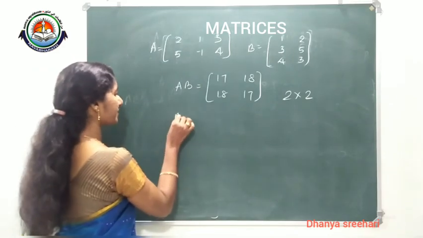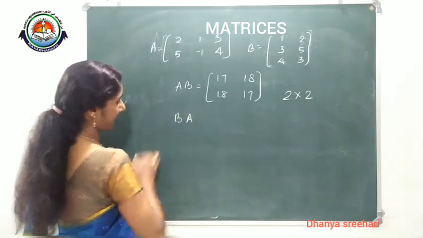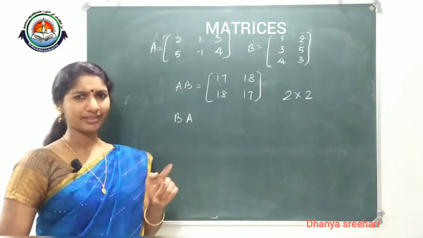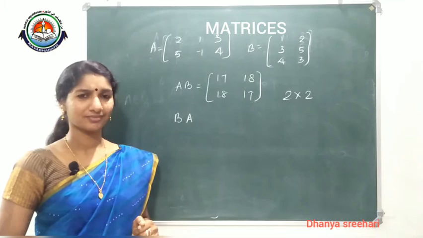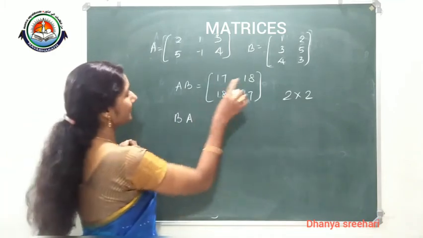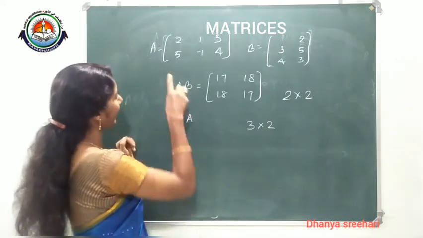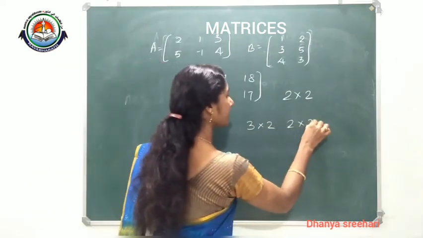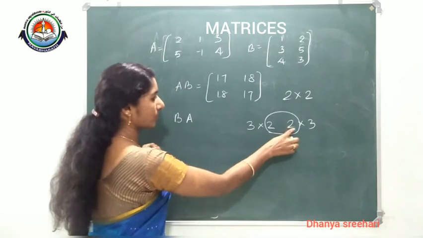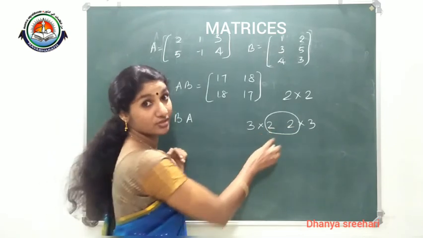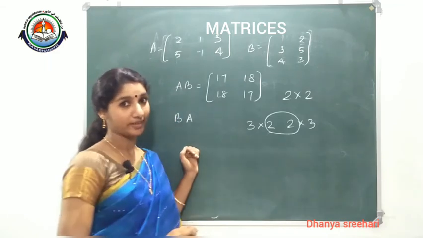If we write the first matrix B and the second matrix A and do the product BA, think about its order. B is a 3 by 2 matrix and A is a 2 by 3 matrix. Since these two numbers are the same, meaning the number of columns of the first matrix is equal to the number of rows of the second matrix, multiplication is possible.